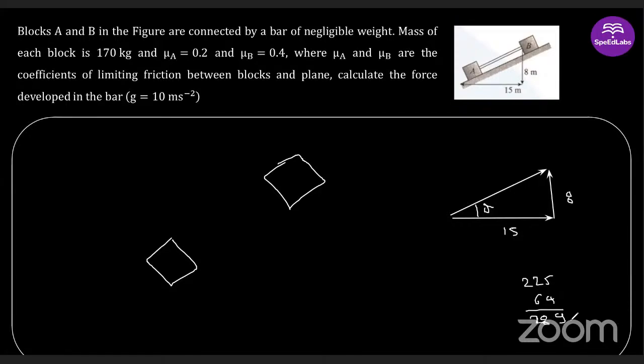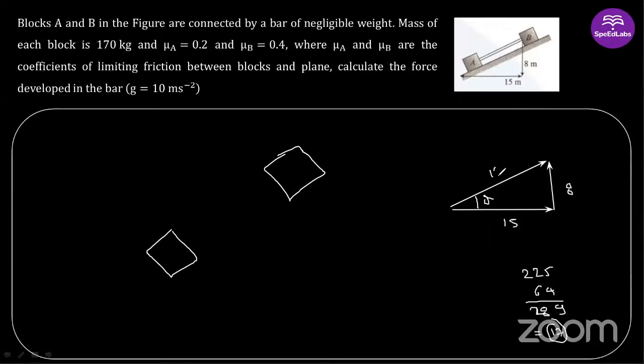Why am I finding 17? Because I want to find cos theta and sin theta. So I'll be using sin theta as 8 by 17 and cos theta as 15 by 17. Now, what is the force acting in this direction? Mg sin theta. What is the mass of A?